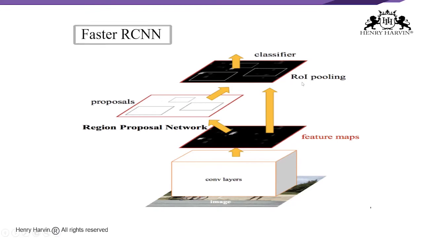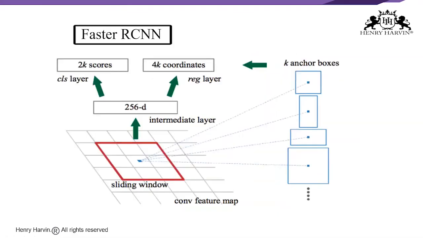Now an ROI pooling layer is applied on these proposals to bring all the proposals to the same size. Finally, all the proposals are passed to the fully connected layer, which has a softmax layer, which is basically the classifier, and a linear regression layer at its top, so that it can classify and output the bounding boxes for objects, right?